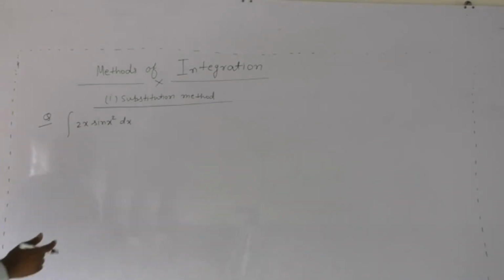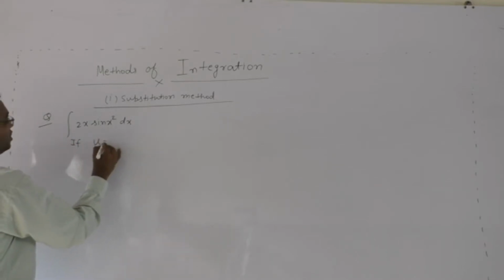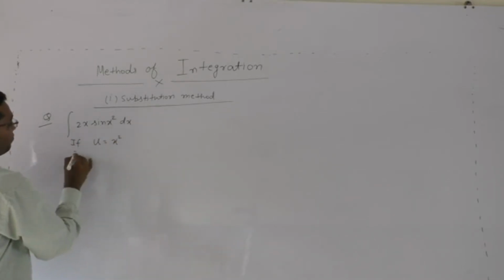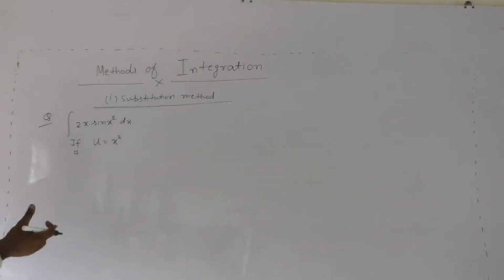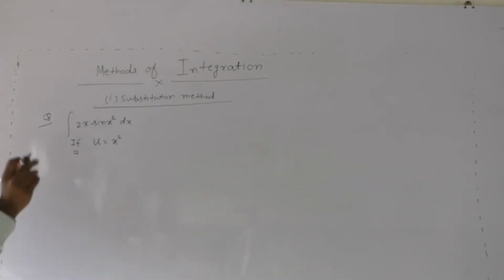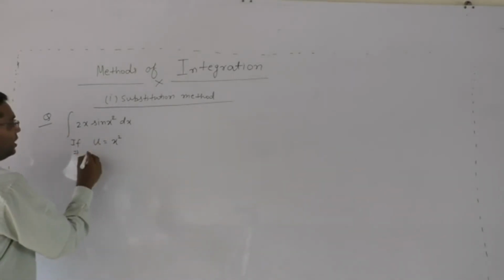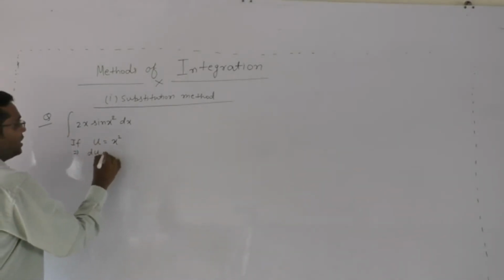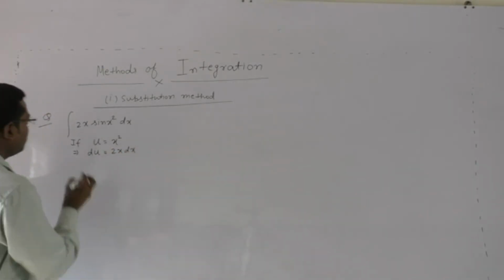For example, here if we assume u equals x squared, if x is a variable, its square will also be a variable. We are assuming that as some other variable u. So differentiating both sides, we get du equals 2x dx.